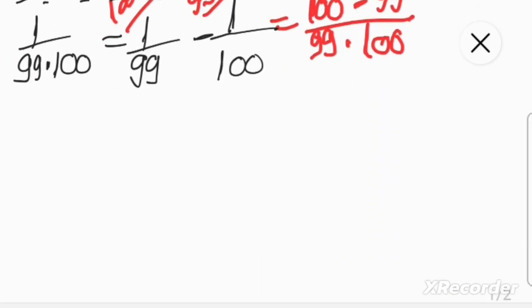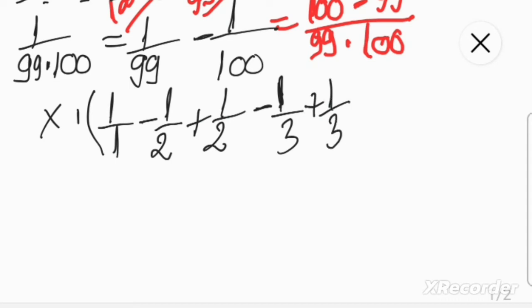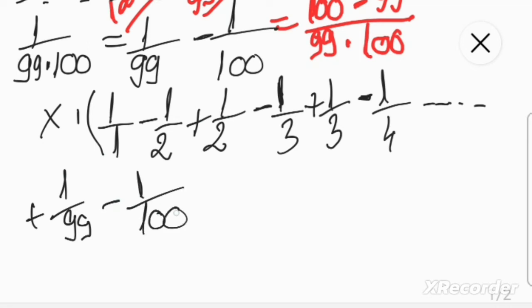So we have x multiplied by, in parentheses, 1 over 1 minus 1 over 2 plus 1 over 2 minus 1 over 3 plus 1 over 3 minus 1 over 4, until we have 1 over 99 minus 1 over 100, equals 99 over 15.